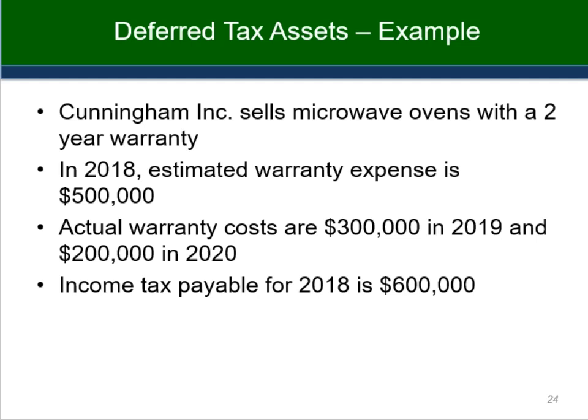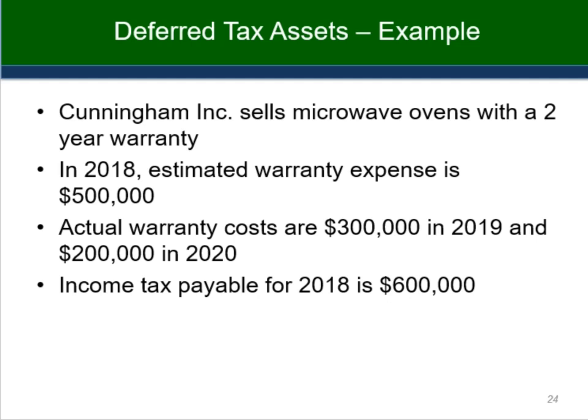So estimate warranty expense of $500,000, and that $500,000 is going to have to be paid out over the next couple of years, but we deduct it for accounting purposes because we match it against the revenue earned by selling the microwave ovens, but the Tax Act says we can't actually deduct them until we pay them as costs. So in 2019, we paid $300,000 to get our microwave ovens repaired under warranty, and another $200,000 in 2020.